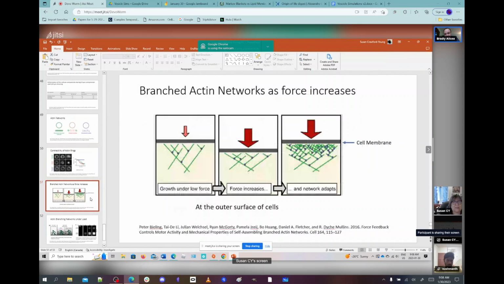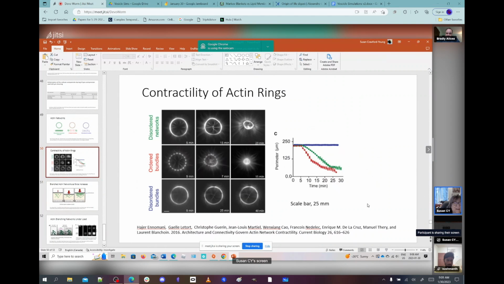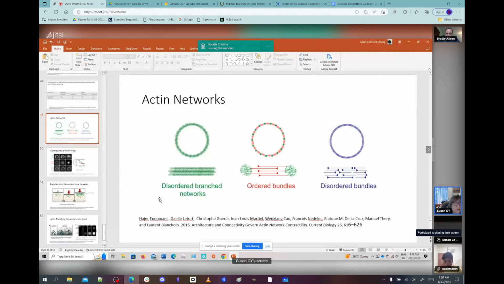Sort of close, but not completely. And the disordered bundles don't seem to do anything. If you go back, this is the difference. So these are disordered branch networks, ordered bundles, and this I think is like myosin in between here.